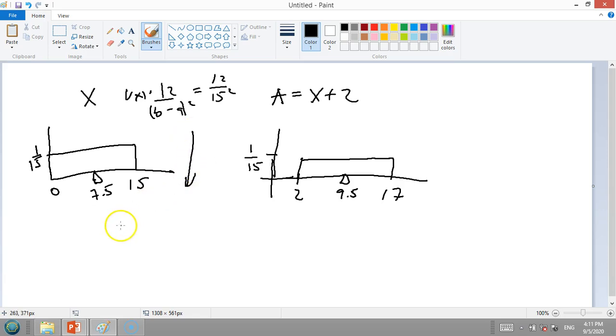And so the standard deviation of x, I'm just curious myself here, is the square root of 12 divided by 15. Is this correct?